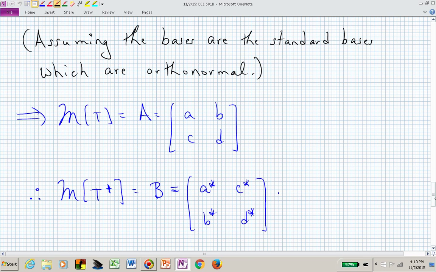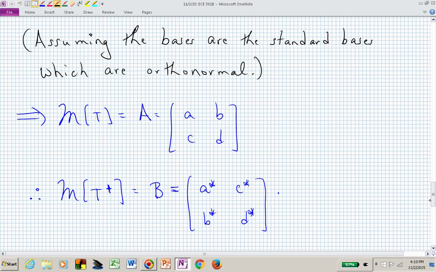Now, because we are dealing with these orthonormal basis vectors, we can find the matrix representation of T dagger, or the adjoint of that linear map, by simply taking the complex conjugate transpose of A, and I'm just calling that B, to give us something different to talk about.